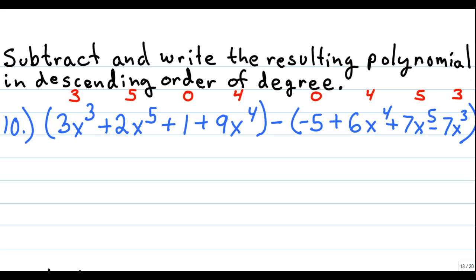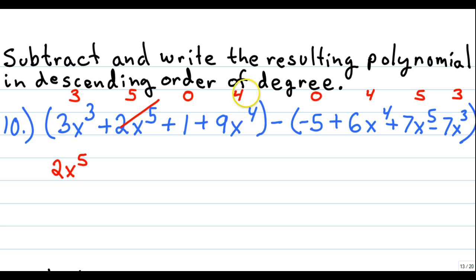We're going to set this up to subtract from the first polynomial the second polynomial. But as we rewrite the first polynomial, we're going to rewrite it in descending order. We're going to start with the term with the highest degree, which is 2x to the fifth power. So we've already used this one, so we'll cross it out.